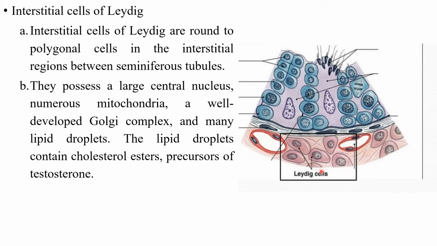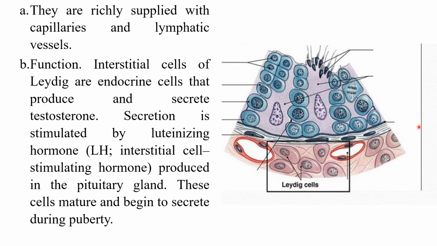They possess a large central nucleus, numerous mitochondria, a well-developed Golgi complex, and many lipid droplets. The lipid droplets contain cholesterol esters, which are the precursors of testosterone. Hence, the function of interstitial cells of Leydig is to synthesize and secrete the male sex hormone testosterone.